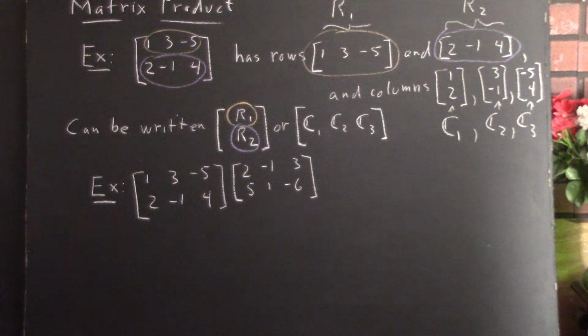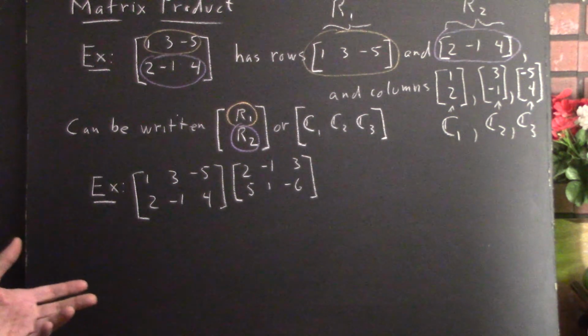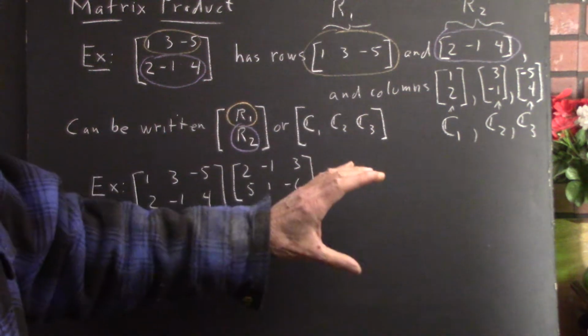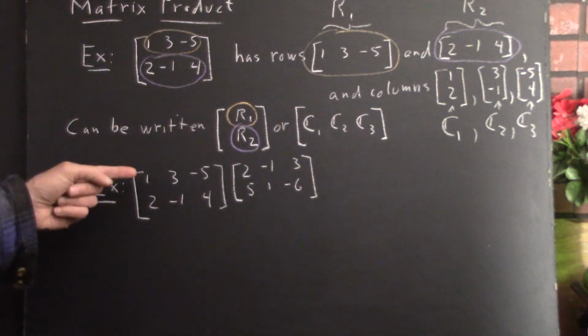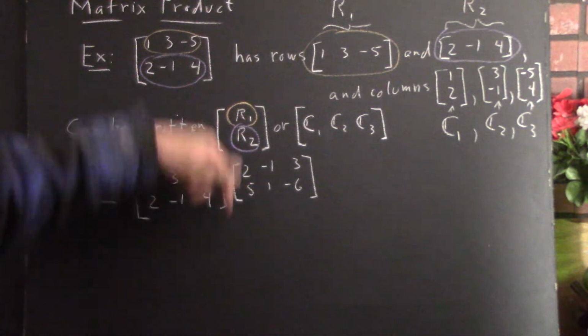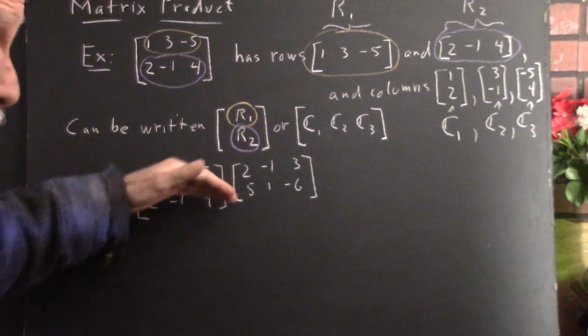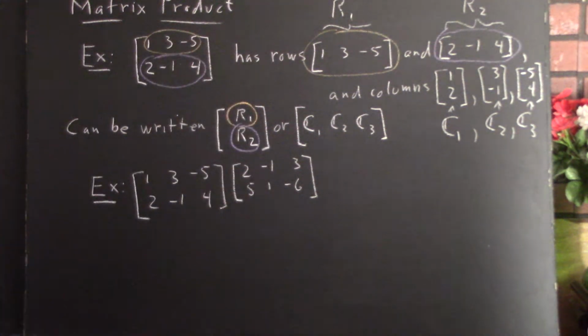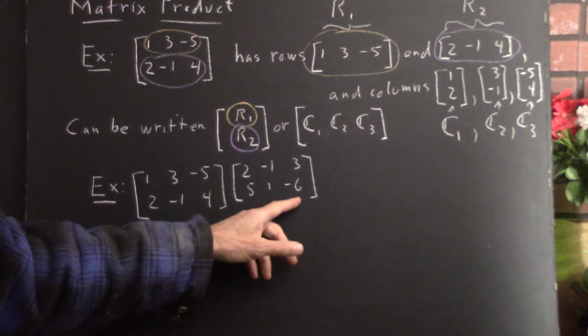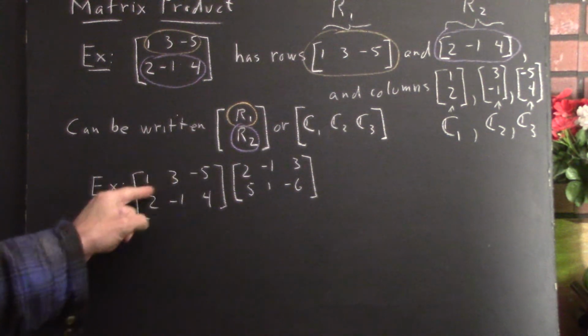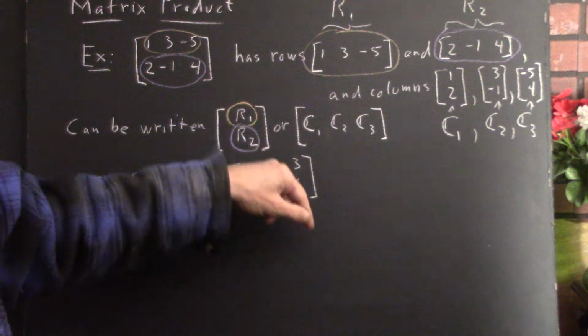I can't do it. Okay? Not going to work. Why not? Well, because when we multiply matrices, we multiply a row of each matrix by a column. We multiply rows of the first matrix by columns of the second matrix. So this multiplication isn't going to work because this row has length 3 and the columns here have length 2.